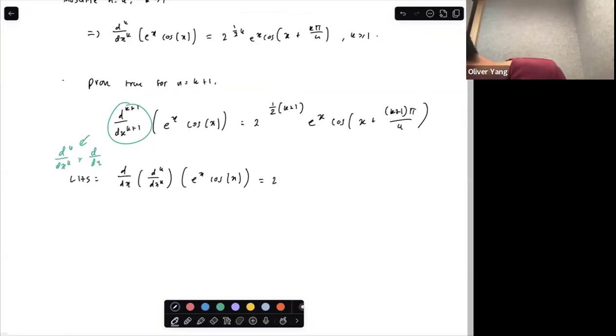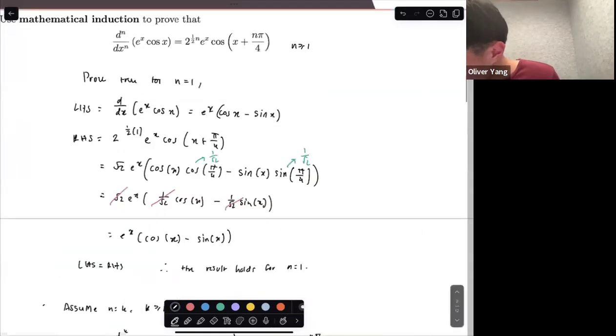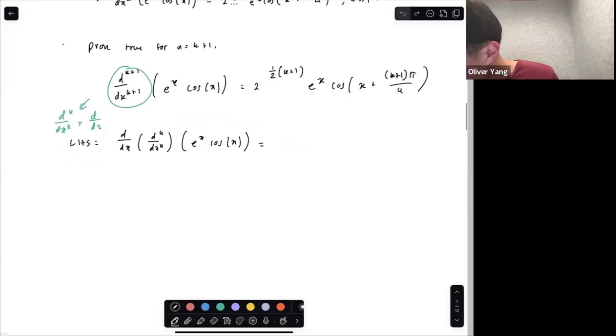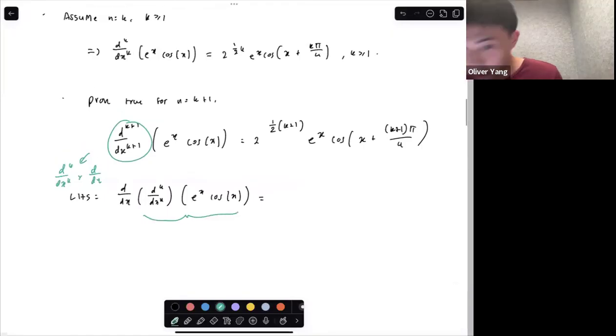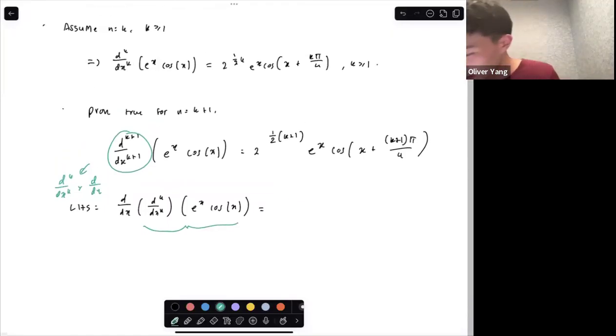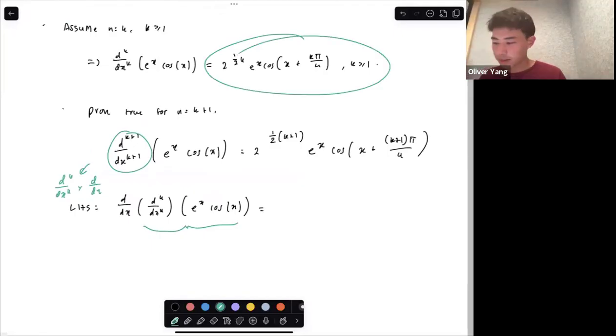Oh, sorry, we're doing the left-hand side. So let's just do the left-hand side by itself. And we know that this part here equals our assumption.